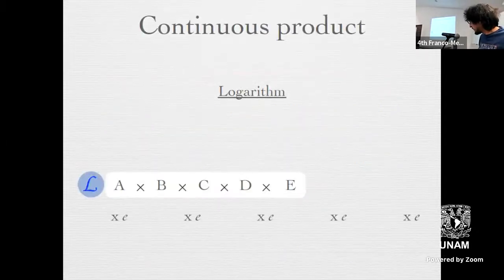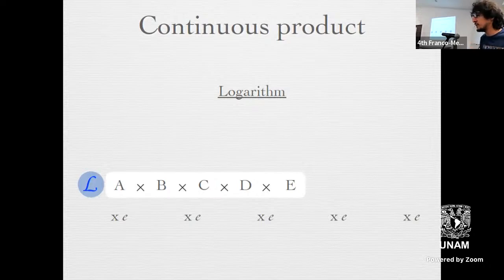If you have a product, the logarithm transforms it into a sum, but the problem that Leibniz didn't see is that you must multiply the terms of your series by the infinitesimal dx. So here you must multiply by an infinitesimal e in order that the series doesn't diverge.